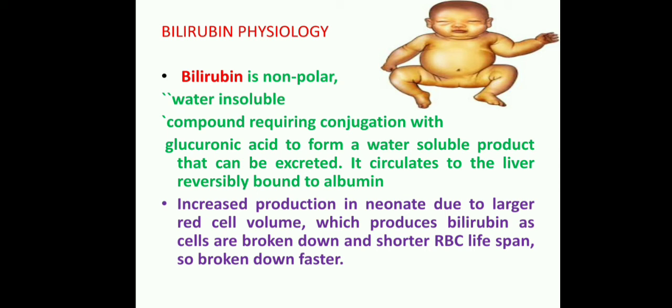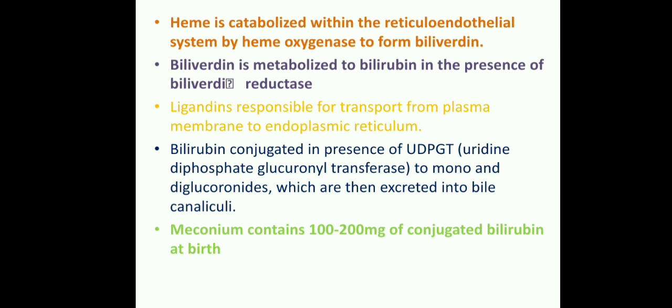Normally the red blood cell lifespan is 120 days, but here the RBCs break down before 120 days because of the increased red cell volume. This is about the RBC lifespan.